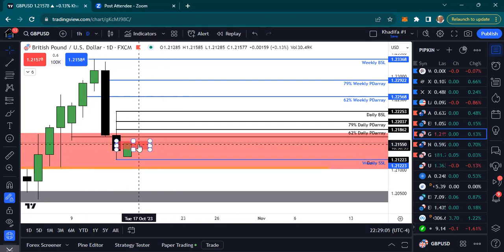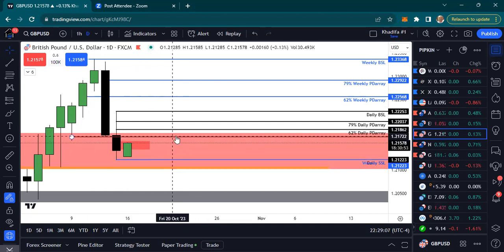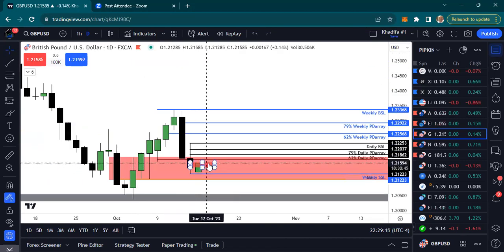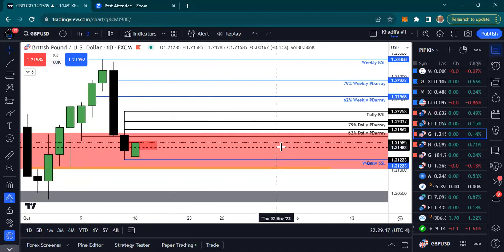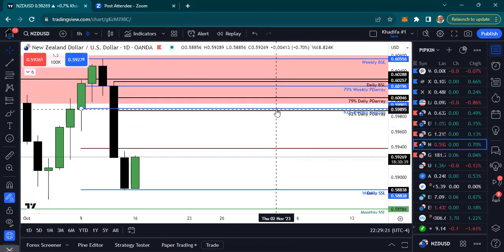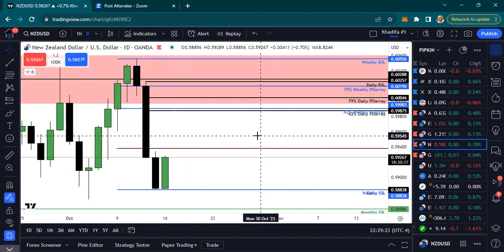That's what I would use it as, right? And I would not like to see price break back above it, but respect it, a strong respect, and continue to the downside, right? Because I am bearish for currencies, bullish for the dollar, bearish for currencies.